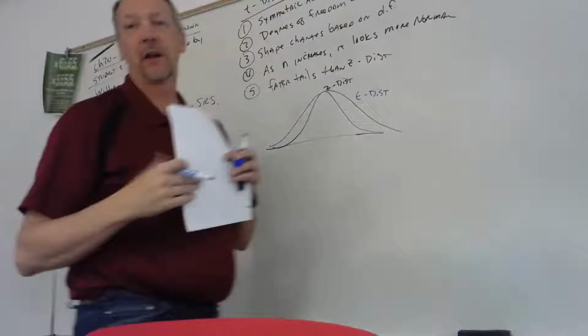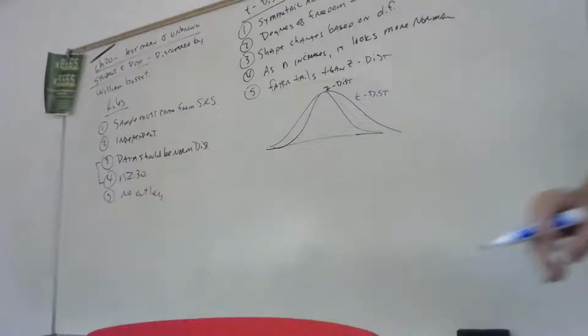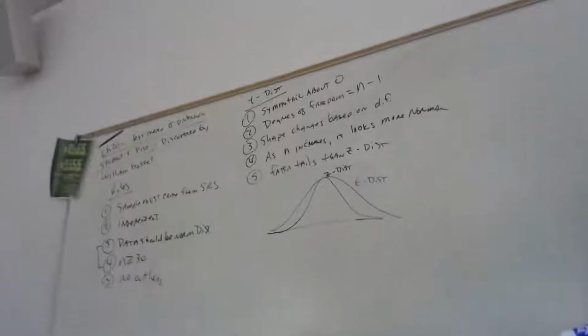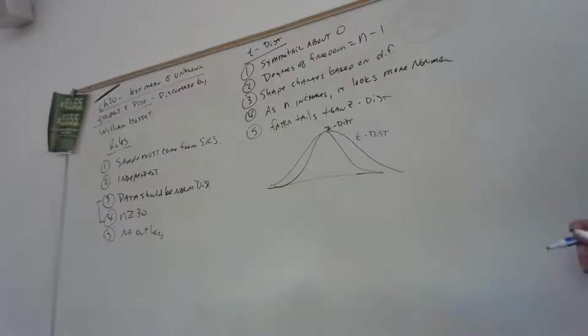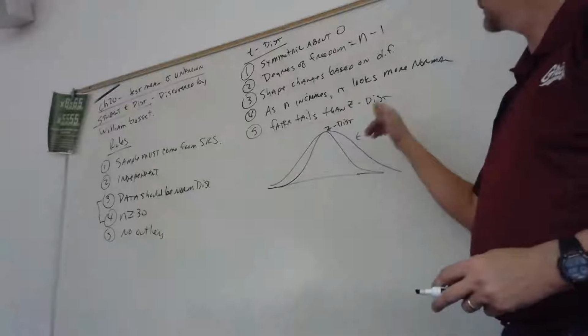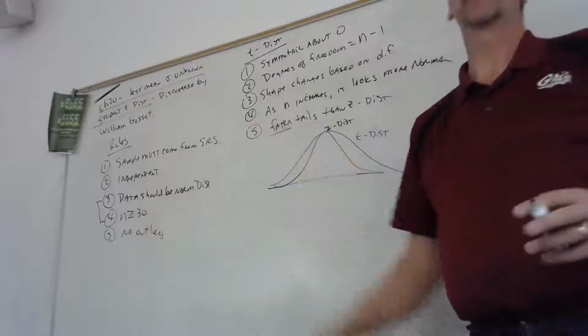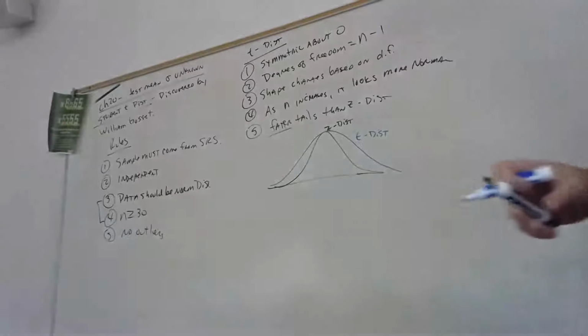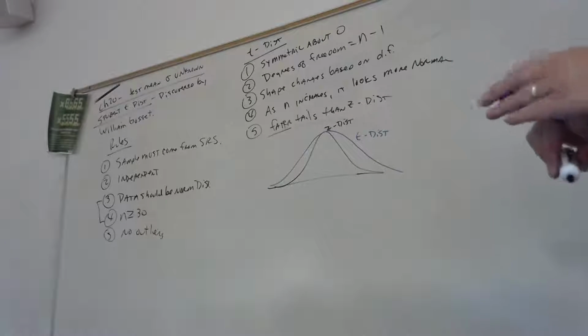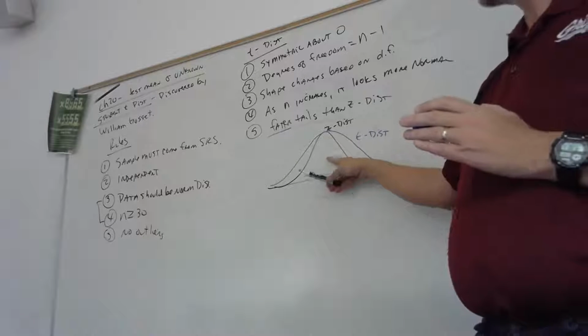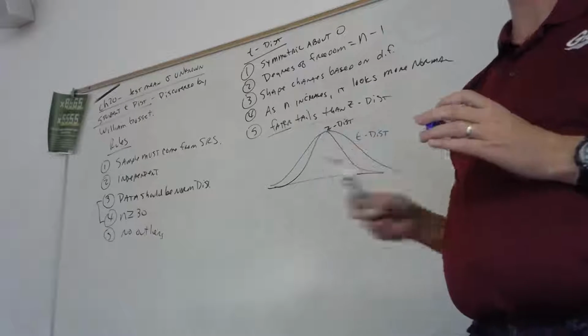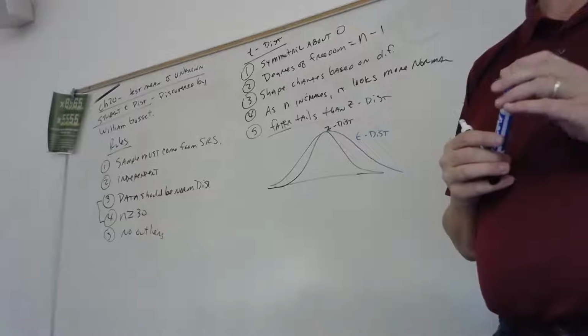That says fatter tails. They both look like normal distributions. They're both bell curves essentially. But the T distribution has fatter tails than the Z distribution.